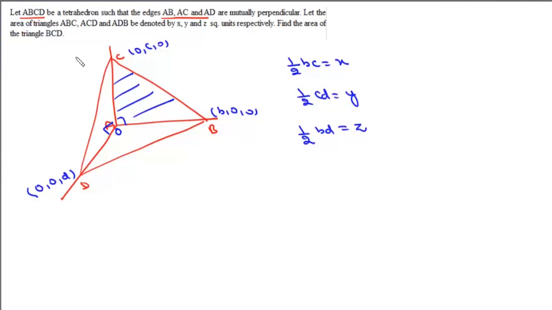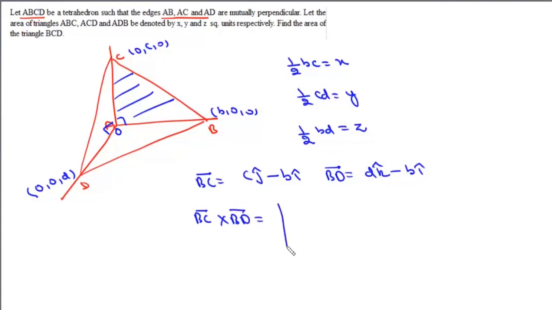Now in order to find area of triangle BCD, we'll find vector BC. Vector BC is Cj minus Bi, and we'll find BD, and BD is Dk minus Bi. Now we'll find their cross product BC cross BD.